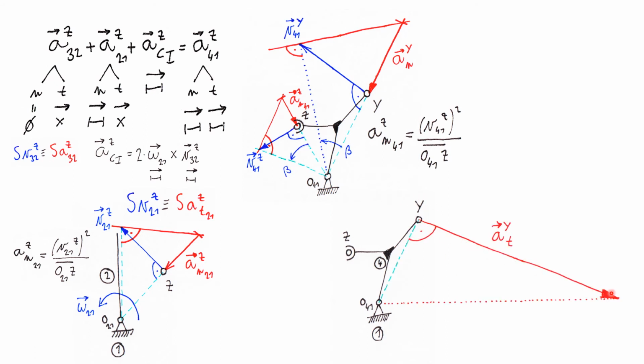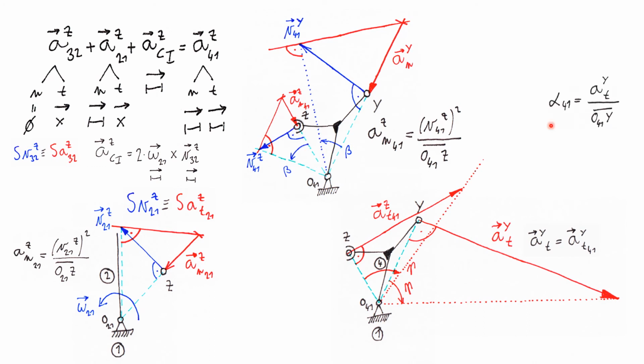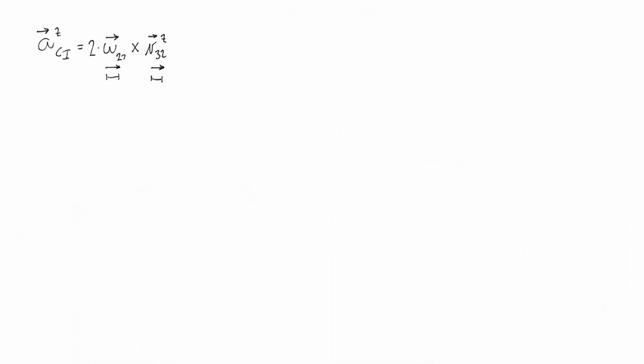So in here we do one component at a time, first normal and then the tangent component. Because we know the distance from the center of rotation and we know the magnitude of AY tangent, we just recalculate it accordingly. Or we can calculate it numerically using alpha for 4-1 and then calculating A for 4-1 in point Z by multiplying it with the distance from the center of rotation.